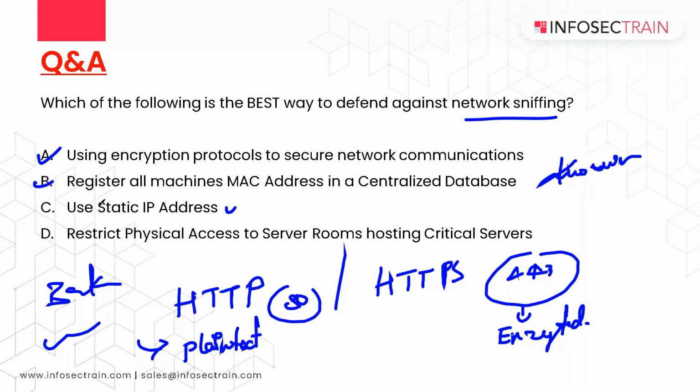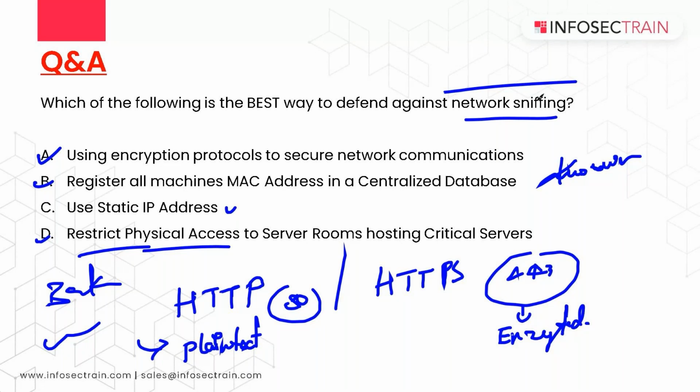Then we got option D, restrict physical access to server rooms hosting critical servers. Right, so if we are restricting the physical access, then it is very crucial. It is a great thing we are doing for our overall security. But when we talk about restricting physical access, it is not going to specifically defend against network sniffing, right?